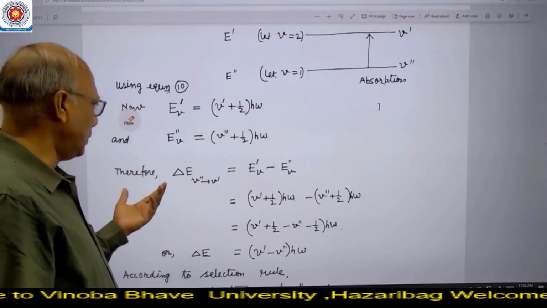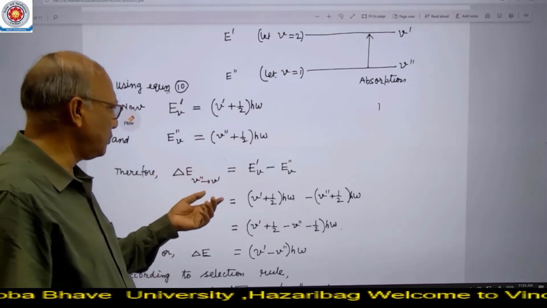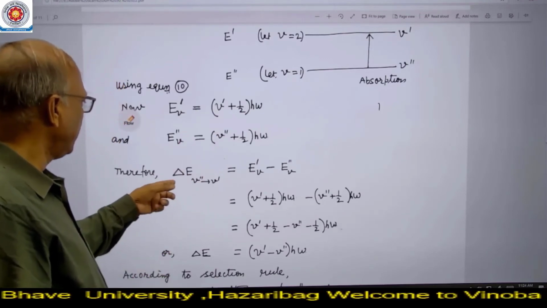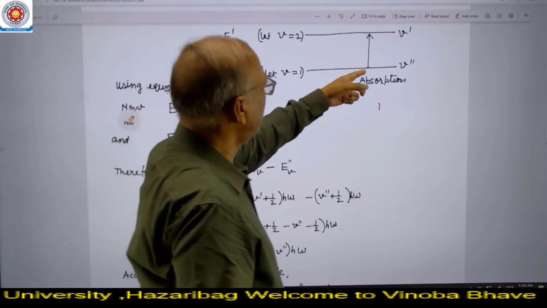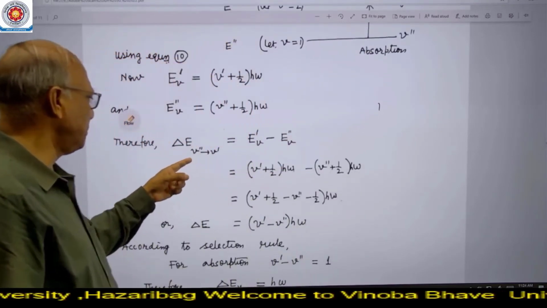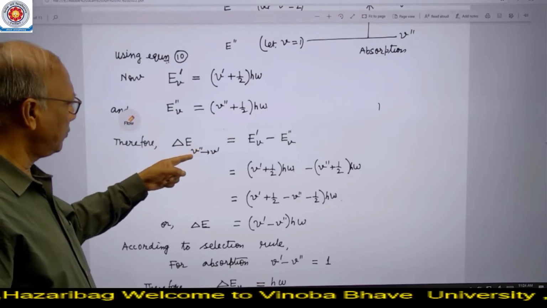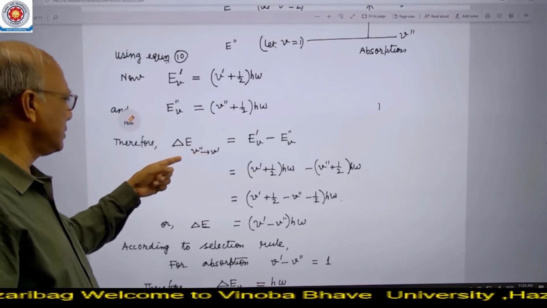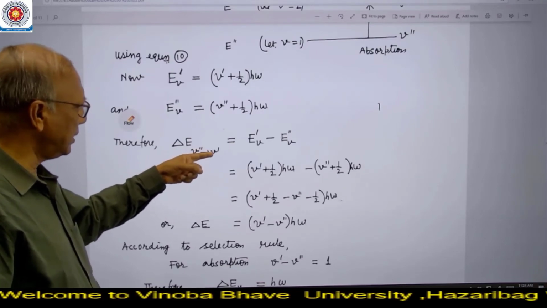If we want to know the energy required for this transition, we have to subtract these two values, that is delta E. The transition is taking place from lower to upper, so the representation is V double prime, arrow, V single prime, from the lower energy level to the upper energy level.